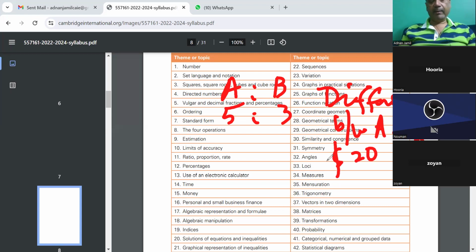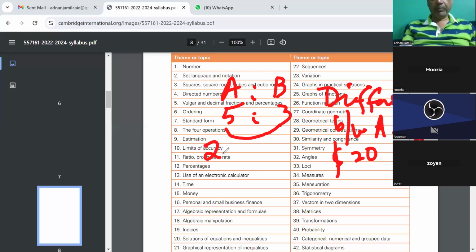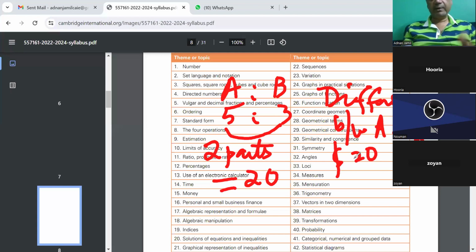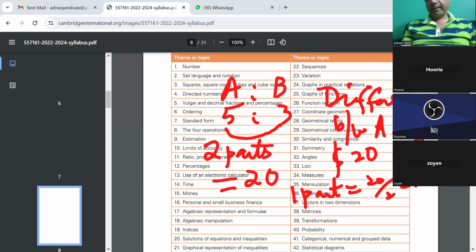Maybe they are sharing some amount of money, and the difference between them is $20. It means, what is the difference in the ratio? Two parts, right? So two parts actually represent how much? $20, because they have said that the difference between the two quantities is $20. So two parts is 20. What will be one part equal to? 20 upon 2, which is equal to 10.